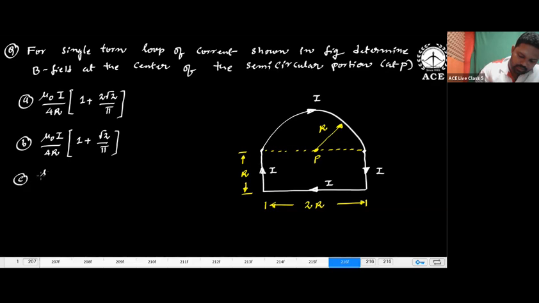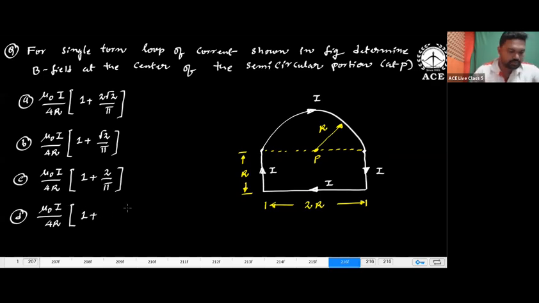Option C, mu naught I by 4R, 1 plus 2 by pi. Option D, mu naught I by 4R, 1 plus 1 by pi. Yes, what is the answer?